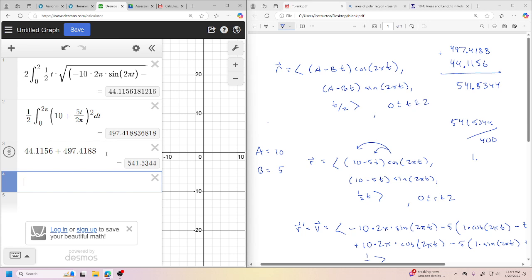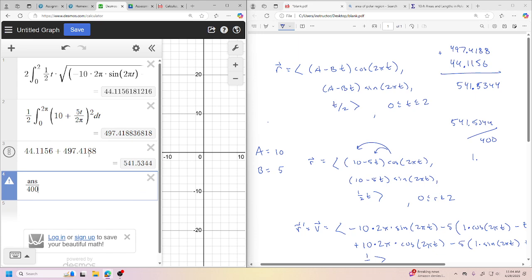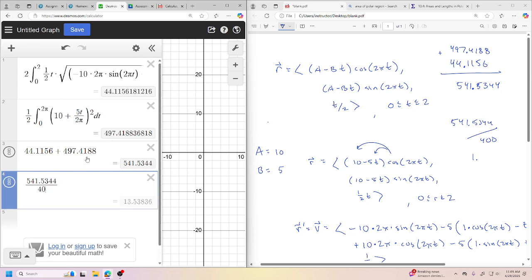So answer divided by 400. Why did it not do the answer? I'll just type it. Maybe it's because it's in graphing mode. Okay, so 1.35 gallons of paint for mine. You're definitely not going to have that. It'll be something else for sure.